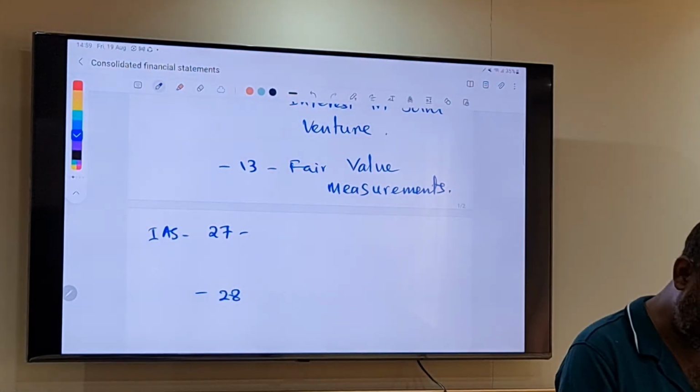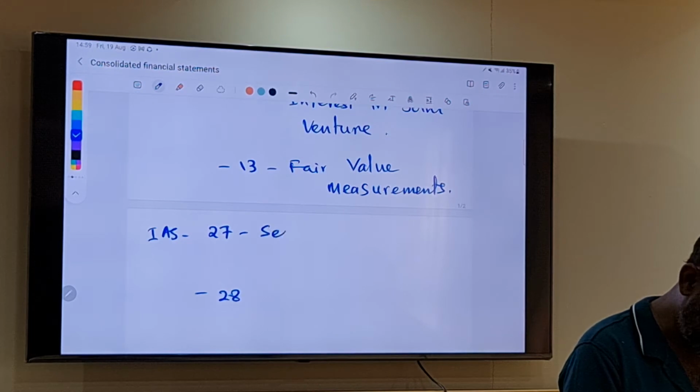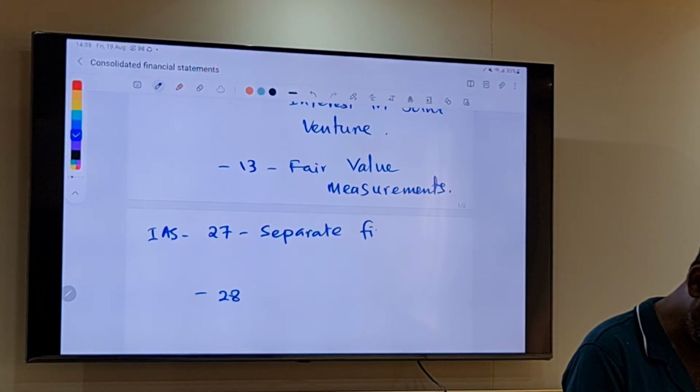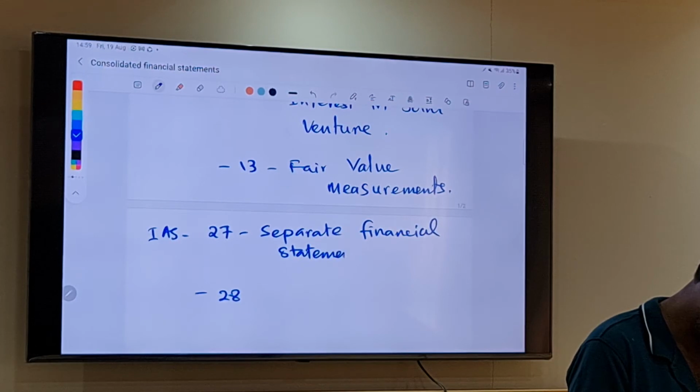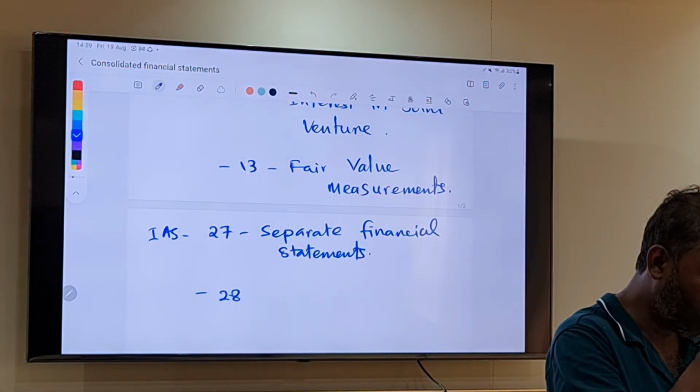IAS 27 is separate financial statements. That's IAS 27.